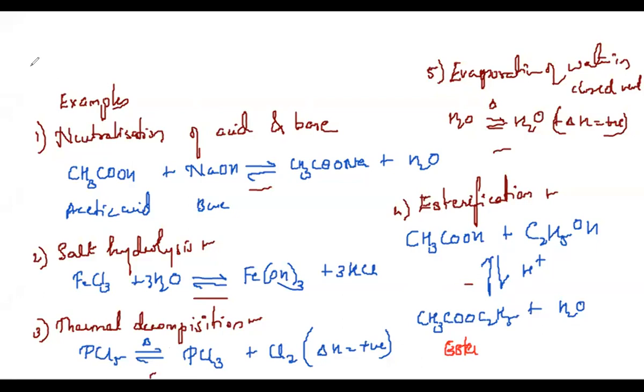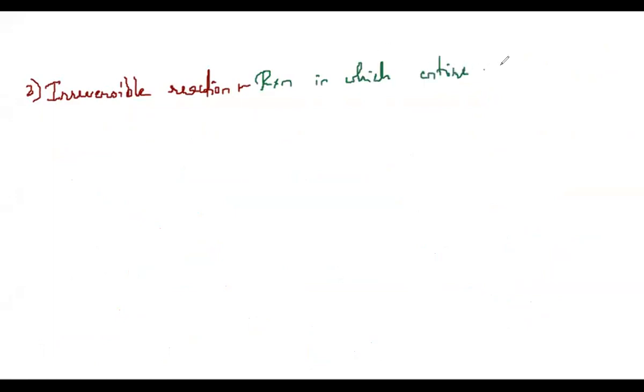Okay. Moving to the second type of reaction, that is the irreversible reaction. So what do we mean by irreversible reaction? The reaction in which the entire amount of reactants is converted into products.